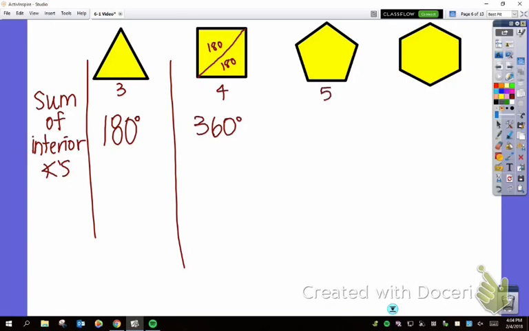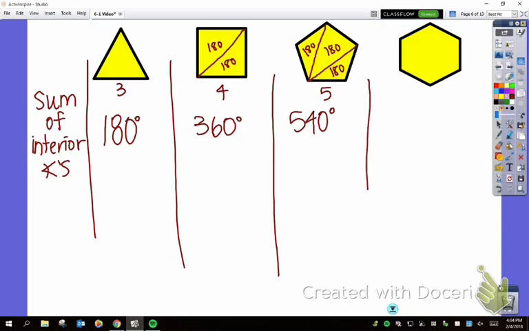Now, a pentagon has five sides. I'm going to start from one vertex and we're going to see how many triangles I have here. I have 1, 2, 3, so I have 180 degrees here, 180 degrees here, and 180 degrees here, which now means I would have 540 degrees in a pentagon.